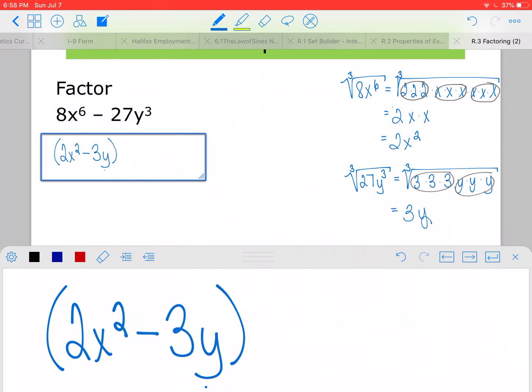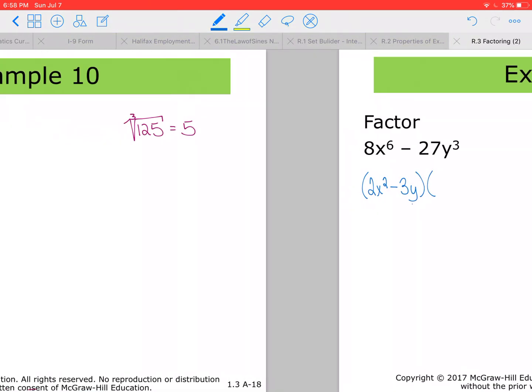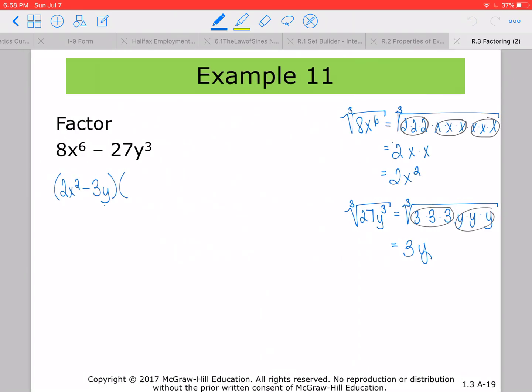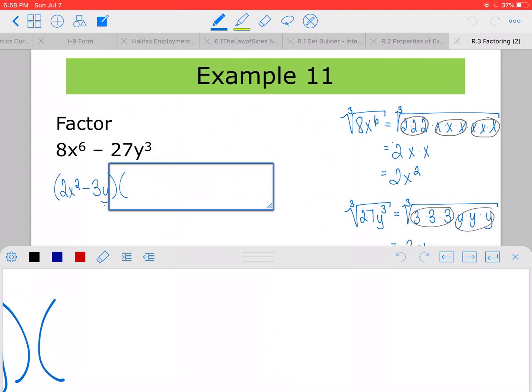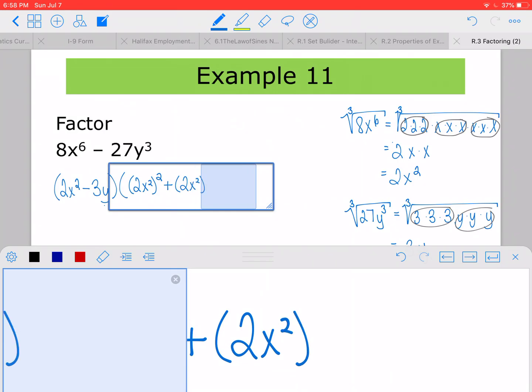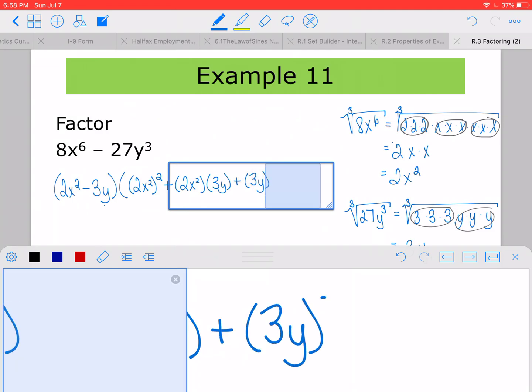And then over here, I'm going to double check this. Yes, it's pluses. Just want to make sure. So we have 2x squared squared plus 2x squared times 3y plus 3y squared. And then we simplify that.